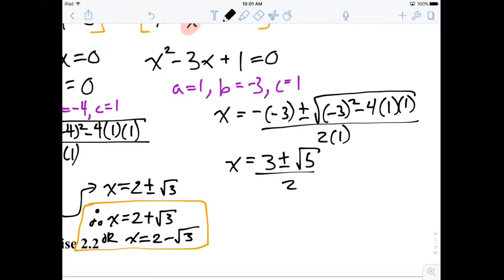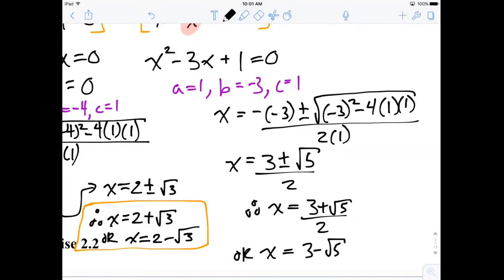So that means we can say, therefore, the other 2 solutions are x equals 3 plus root 5 over 2, or x equals 3 minus root 5 over 2. And those would both, again, be perfectly valid solutions.